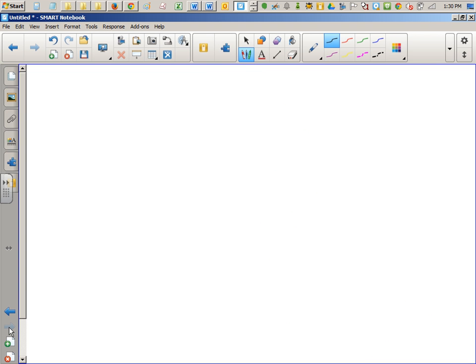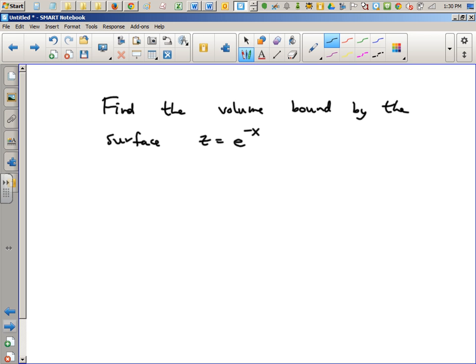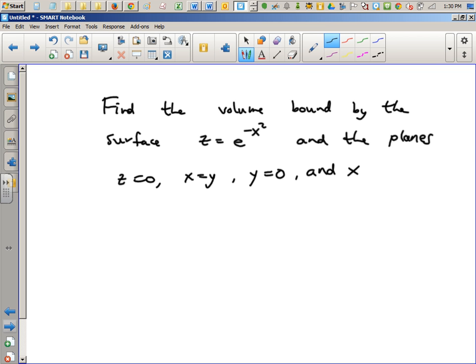Let's say you had a problem that says, find the volume bound by the surface z equals e to the negative x squared, and the planes z equals 0, which is really just the xy plane, x equals y, y equals 0, and x equals 1.